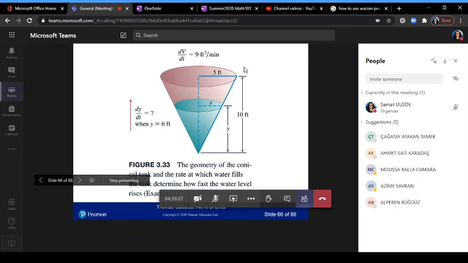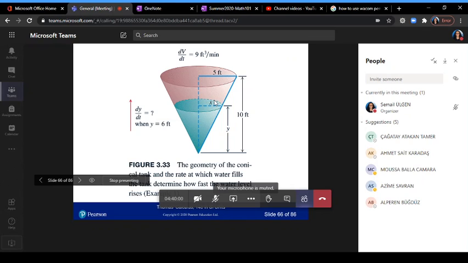We can explicitly write what the volume is, pi r squared, volume of the water here, r is x, pi x squared, times height, y, over 3 is the volume of the cone. Now we have a relationship between the volume, x, and y, but we don't have anything in terms of t yet.